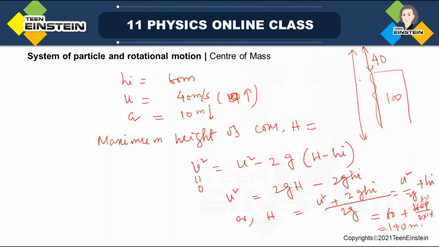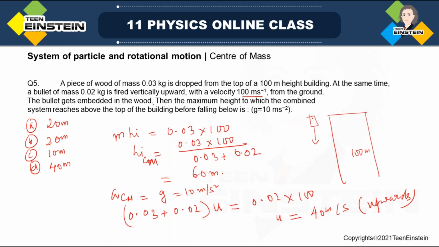Okay, so the thing is, I'll tell you how we have solved. First we have this wooden block, it will actually come down up to a certain height as soon as you leave it from there, and when they get combined, at what distance they are getting combined, we have to find out.